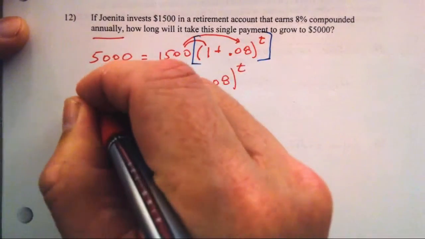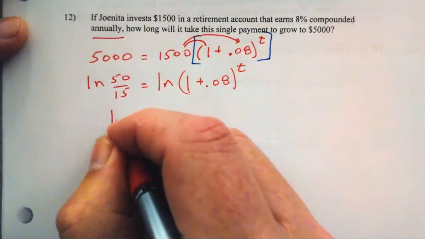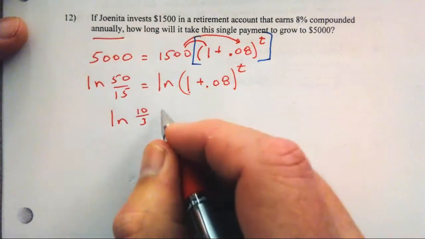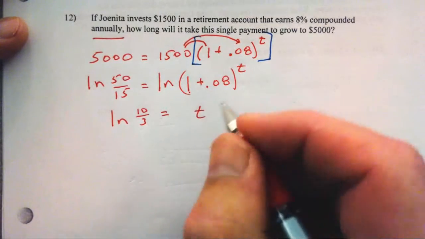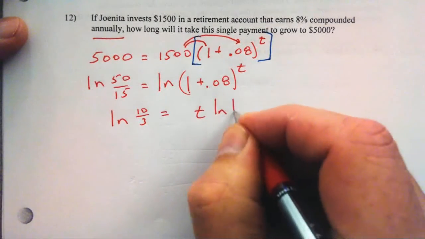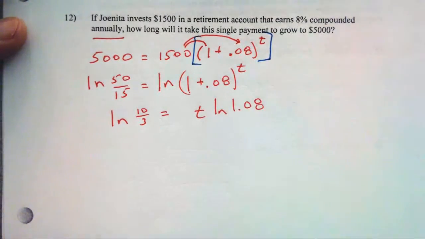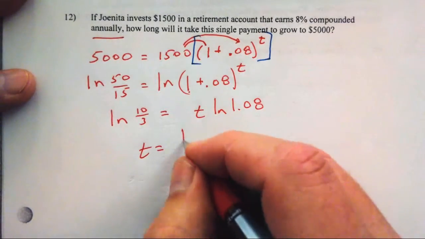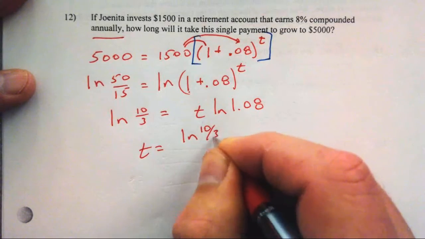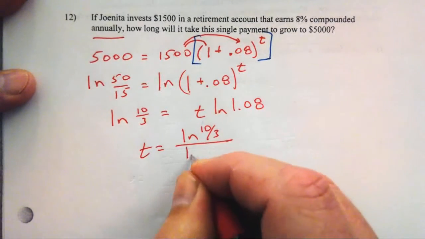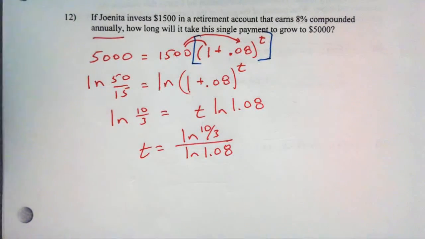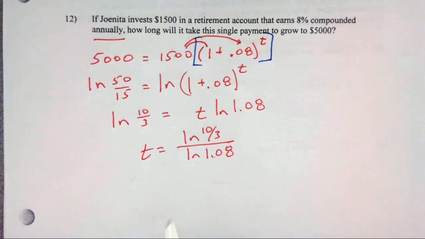So I get ln, let me reduce this by 5, 10/3 equals t times ln 1.08, or t equals ln 10/3 divided by ln 1.08. And that is our exact answer, and I'm going to want to see that.